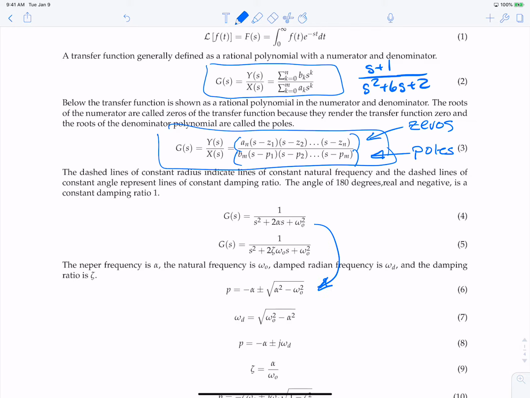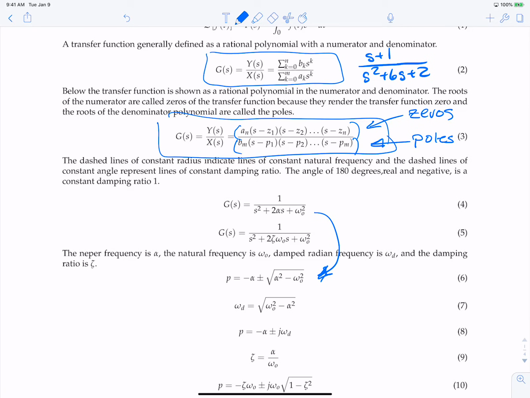Doing that gives equation 6: minus alpha plus or minus the square root of alpha squared minus omega naught squared. Alpha is called the Neper frequency, and omega naught is the natural or resonant frequency. Depending on these values, you can get only real poles, or a complex conjugate pair of poles. It just depends on what alpha and omega naught are.